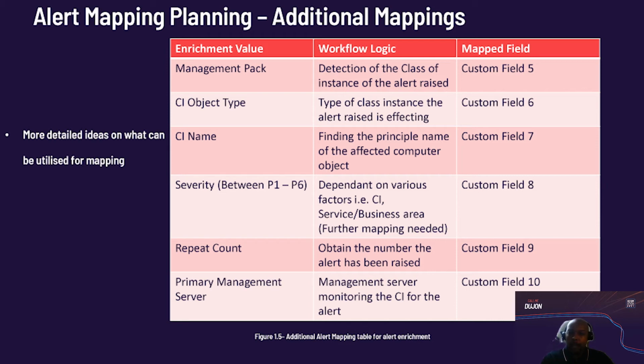So the next one is custom field 6. This is the CI object type.